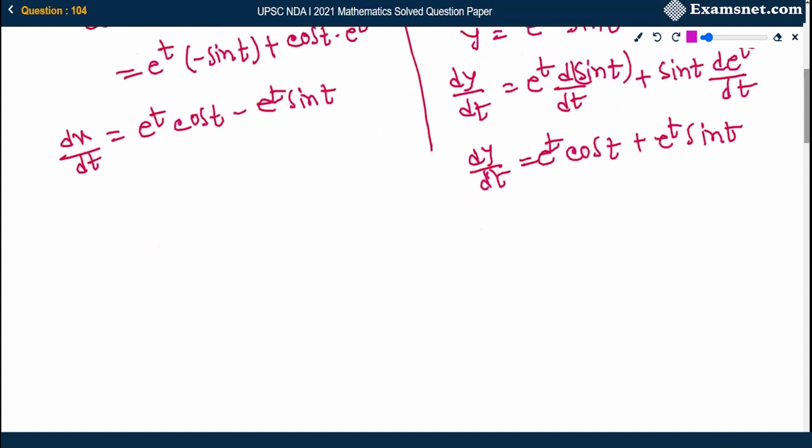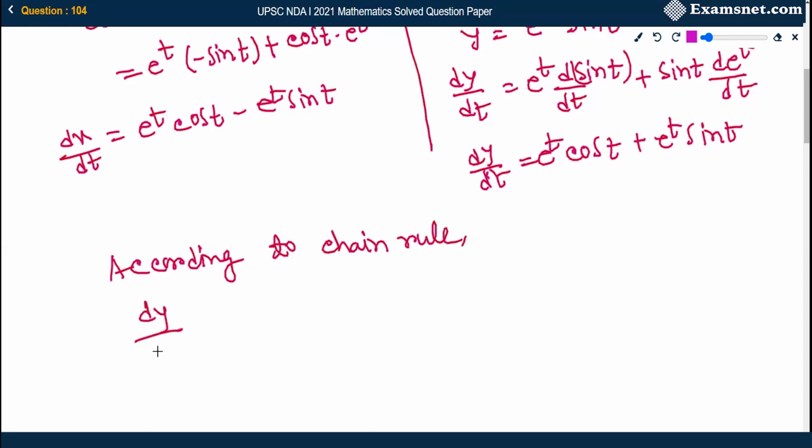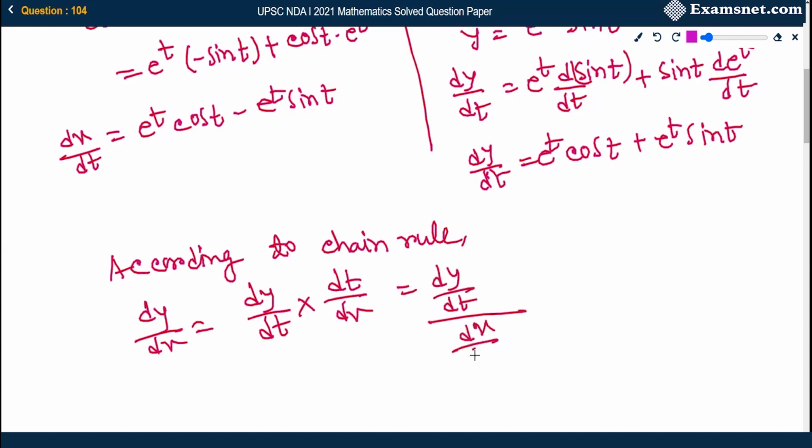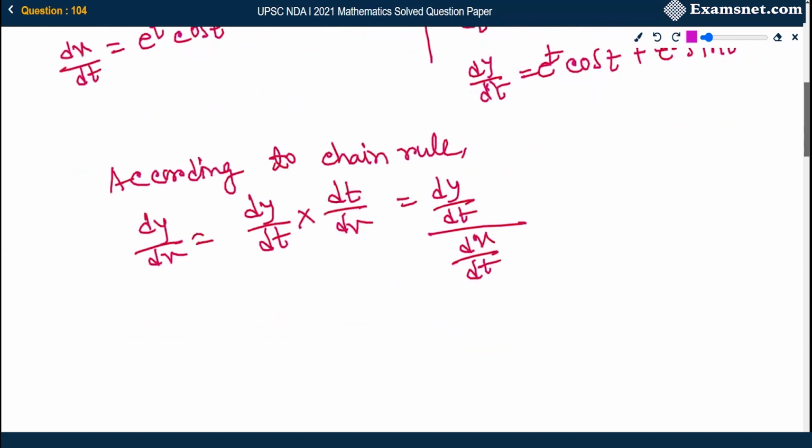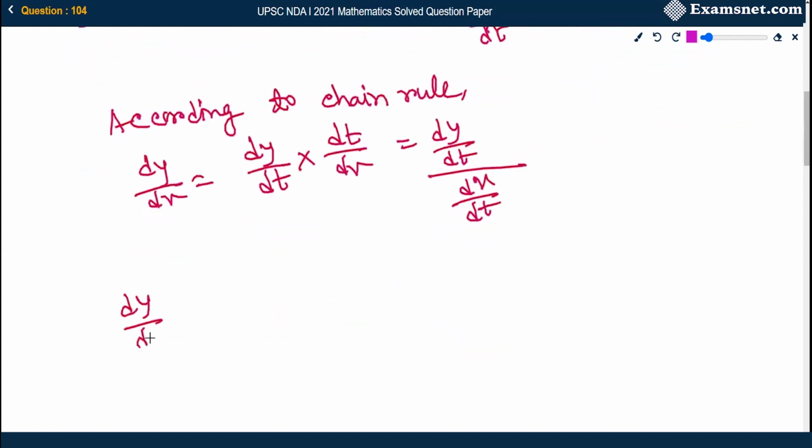Now, according to the chain rule, I can write dy by dx as dy by dt multiplied by dt by dx, that means dy by dt divided by dx by dt.